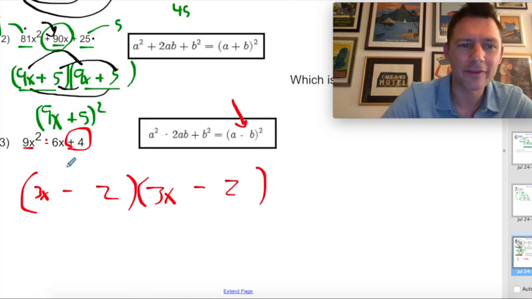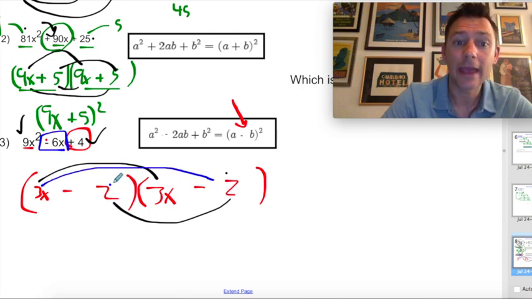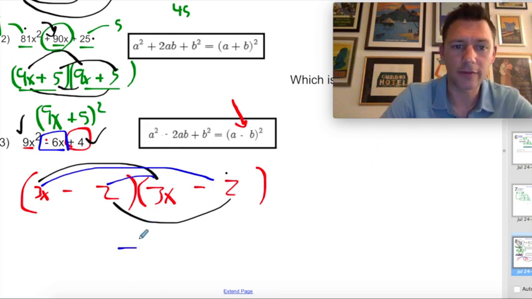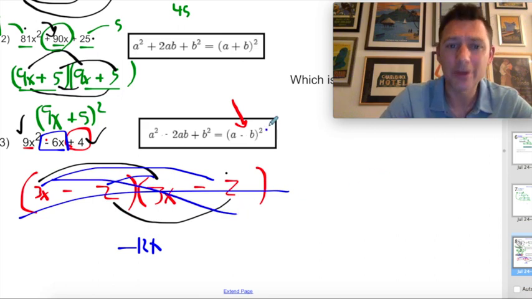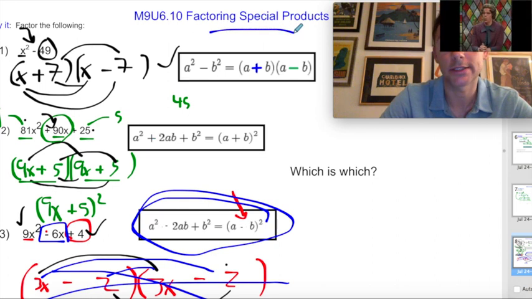Well, the problem is that this gives you this, ka-ching, and this gives you this, ka-ching. But when you multiply for the middle term, I'm looking for negative 6x. Well, here's negative 6x, and here's negative 6 more. Ooh. So you end up with negative 12x. So this isn't this. This doesn't work. Maybe it factors some other way, but it doesn't play by these rules. It's not one of these special products.